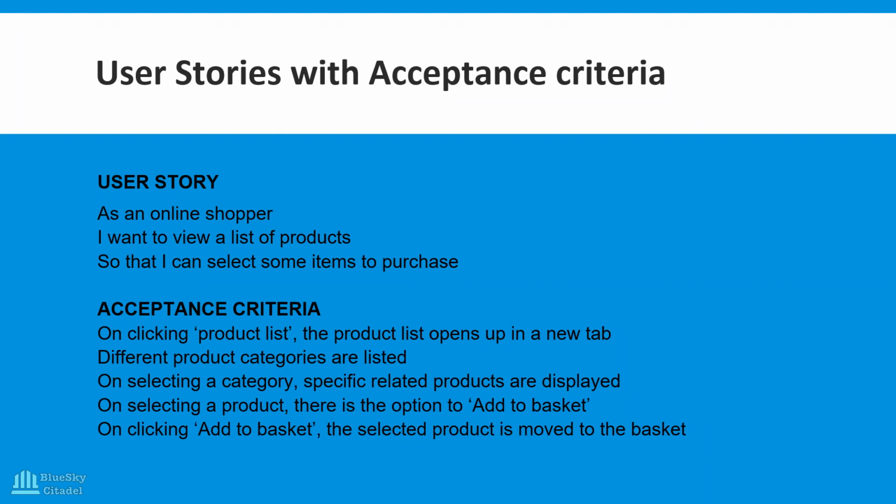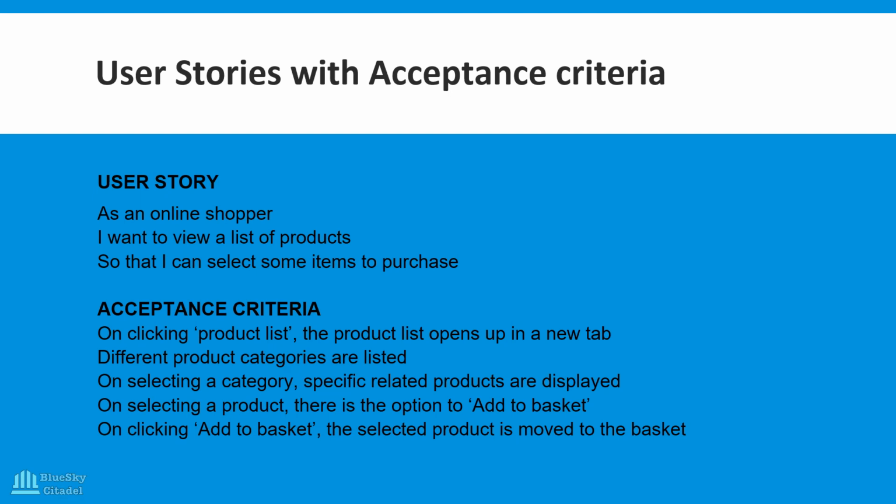You know how when you go shopping, say you go to Next and you want to buy clothes, when you click on fashion, they would have different categories: men, women, kids, and under kids, they will have boys and girls. You get what I'm trying to say? So there are categories, right?